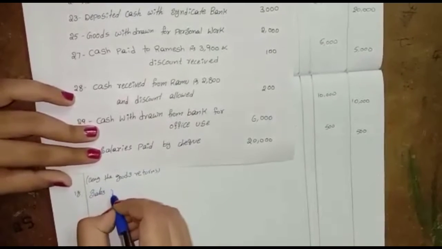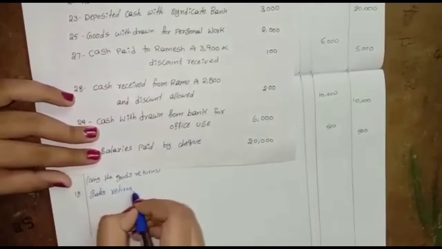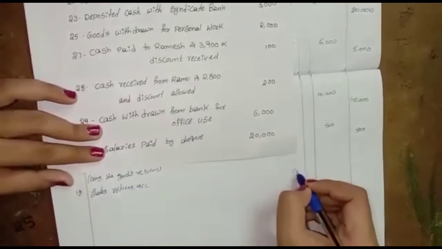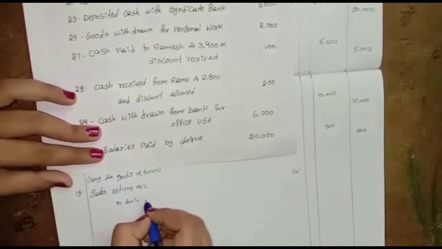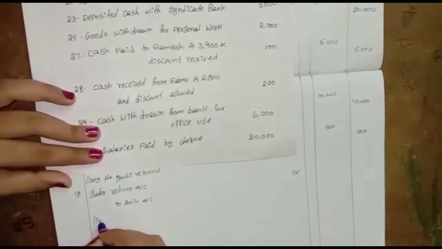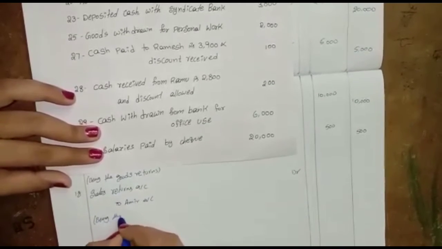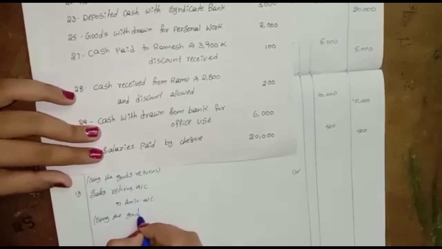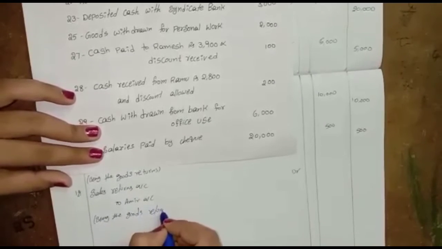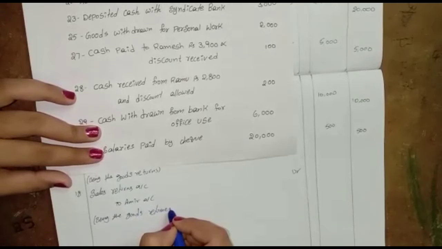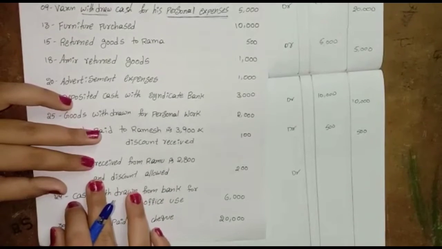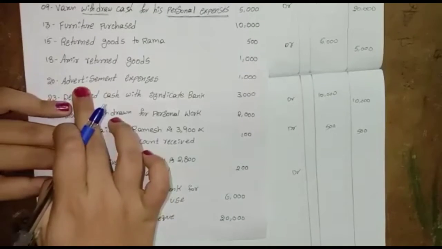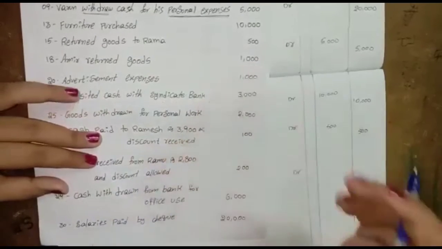So sales returns account, debtor to Amir account. The narration is being the goods returns. The amount is 1,000.